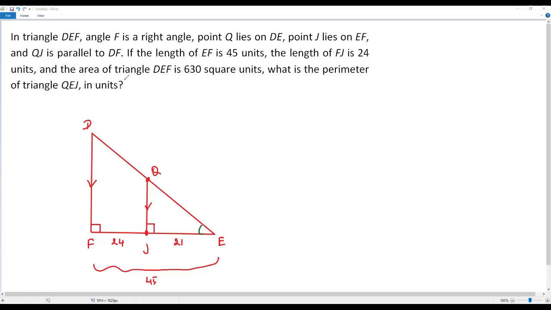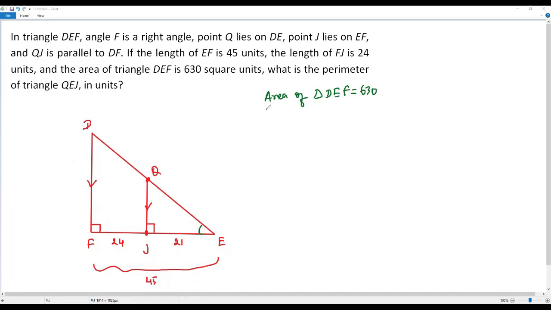Okay, here we can consider the information over here. That is, the area of triangle DEF is 630 square units. Using this information, I'll be able to get the length of the side DF over here. Okay, first let me write this over here. That is, area of triangle DEF equals 630 square units.